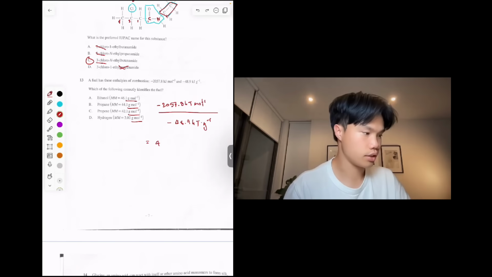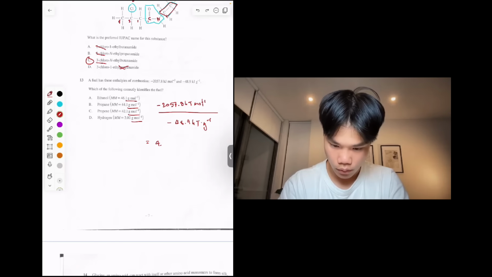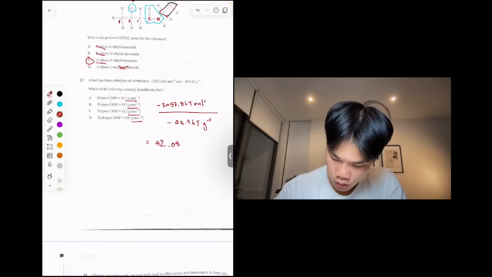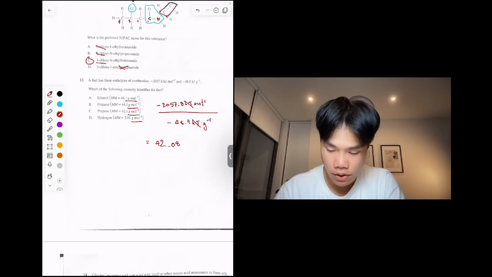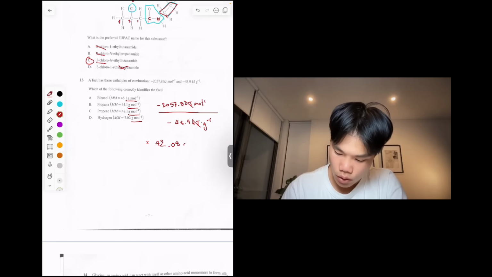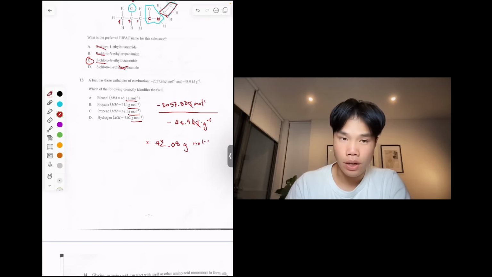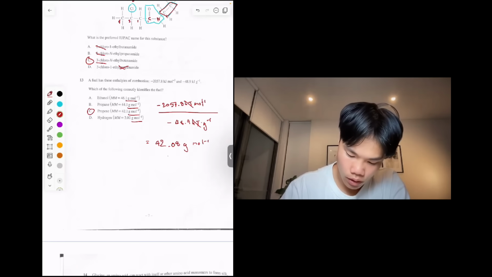Actually, let me just do it in my calculator. 2057.8 divided by 48.9 gives you, sorry, not 46, 42.08. And because the units, kilojoules cancel out, and you're dividing by grams to the negative 1, it is now grams per mole. And this gives you, in fact, the molar mass of propene, which is 42.1.